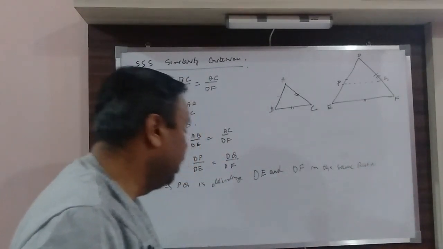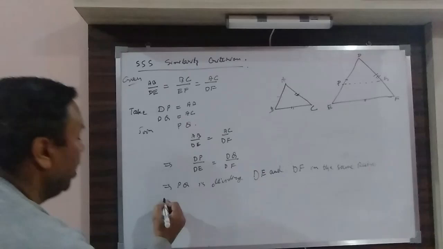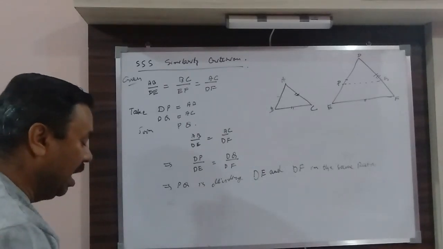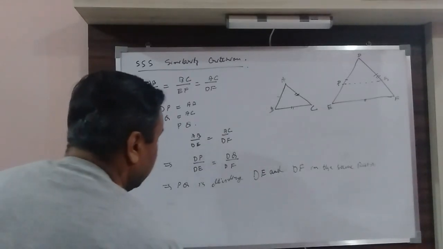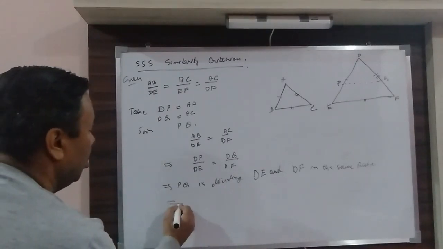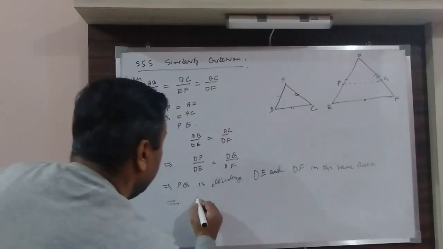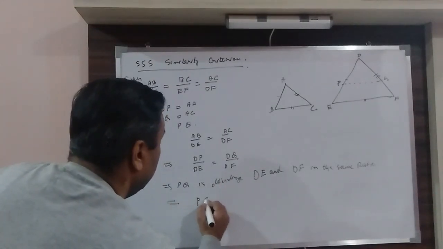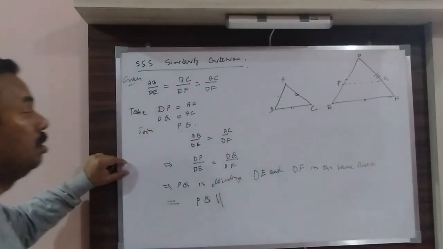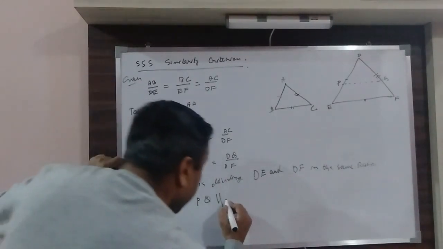Okay, it is dividing them in the same ratio. That means, as I have seen, this PQ is parallel to EF.